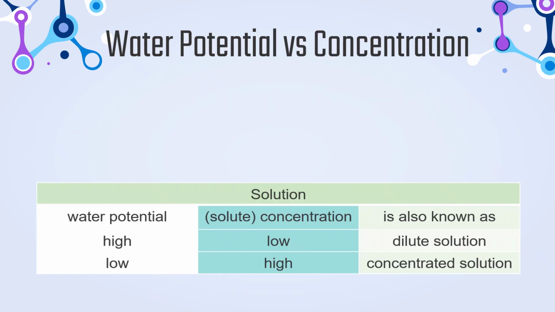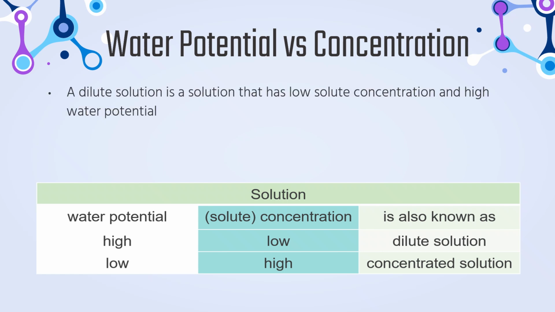This confusion between water potential and concentration is something that most students will encounter along the way, but actually it is pretty simple. They are opposite. When we talk about a dilute solution, the solution being very dilute, it actually means that the solution has low solute concentration.